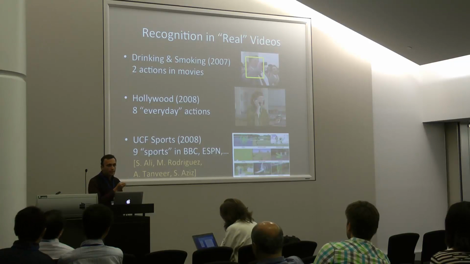So this is the start of the UCF series of data sets, which in this case was collected by Sadali and Mikhail, along with their interns. And these were sports actions collected from professional footage.